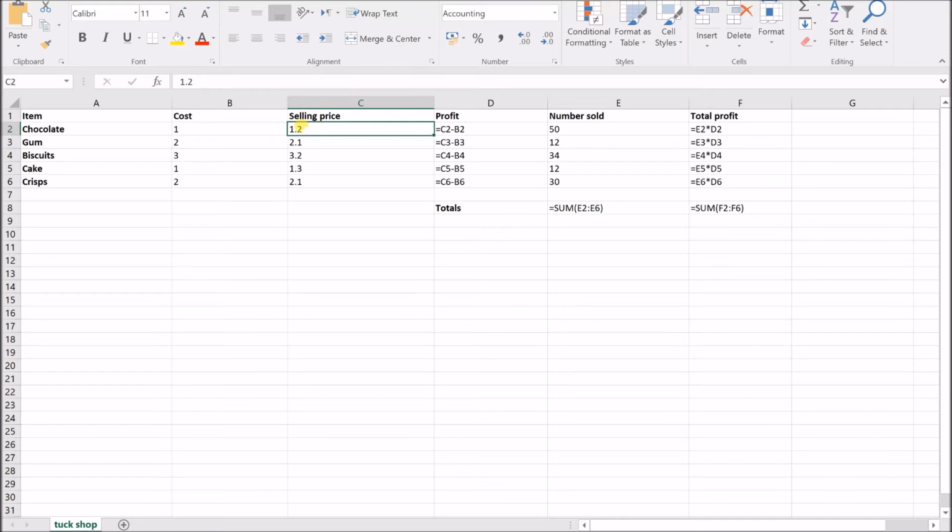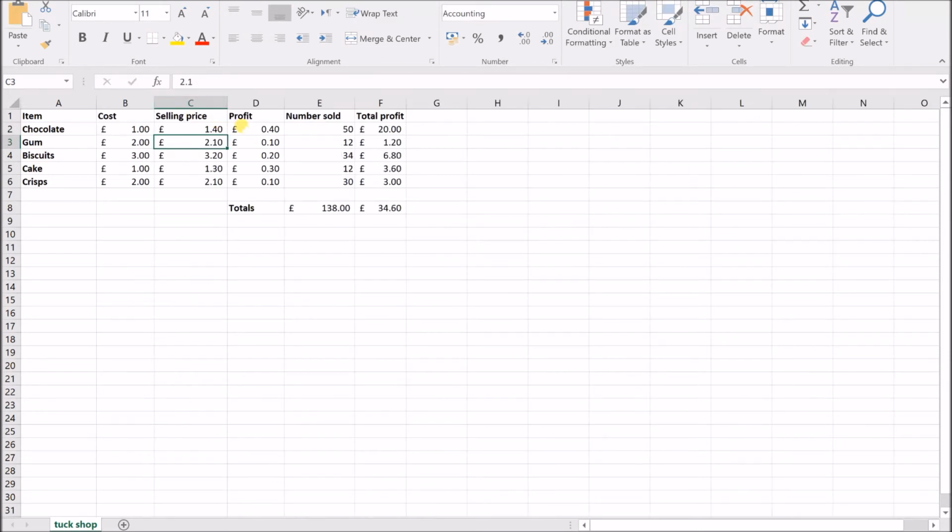In the selling price, I can increase my profit by changing it to 1.4 in B and find out that the profit for the chocolate for each item is 0.4, and if I sold 50, I will gain £20 profit. Now if I want to increase my total profit without increasing the profit value, I want it to stay at 1.2, but I need to double my total profit, I will double my sales.